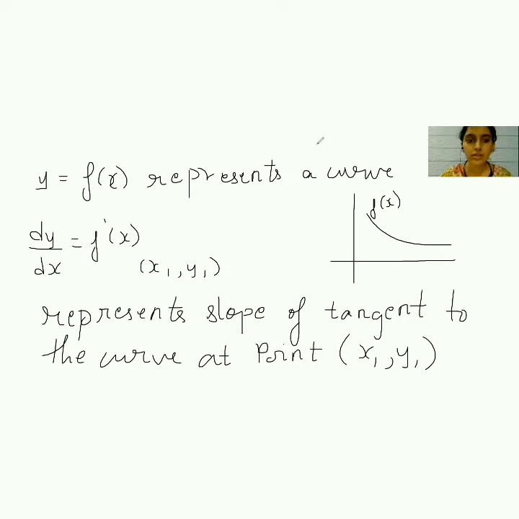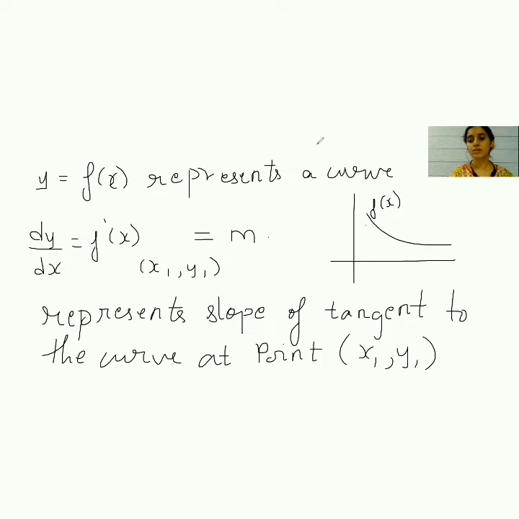I'm doing it again. So this is any function representing a curve. If you take the derivative of the curve, then that derivative represents the slope, equal to m, right? Now, it represents the slope of what? It represents the slope of a tangent to this curve.